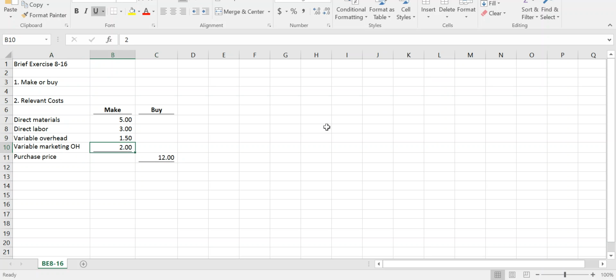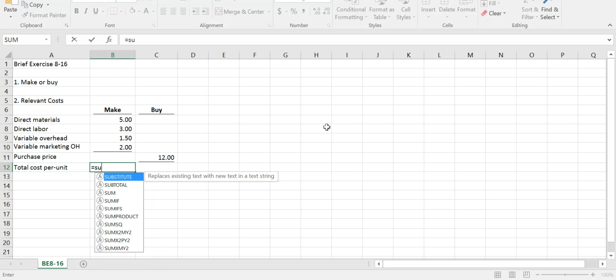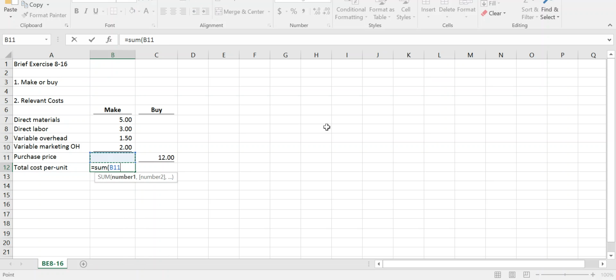So we add up our costs on a per unit basis. So to make it in total is going to cost us $11.50. To buy it, it would cost us $12. Again, the fixed overhead is not included in this component because it doesn't differ amongst alternatives. We are going to have to pay those fixed costs regardless of what decision that we make.